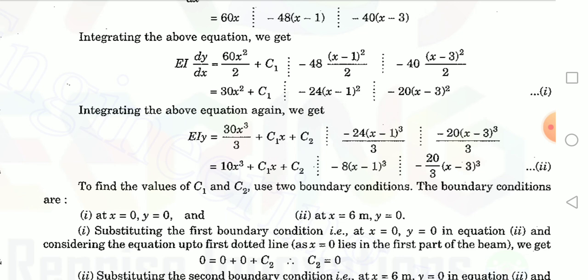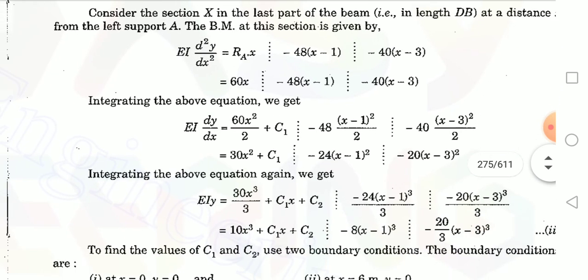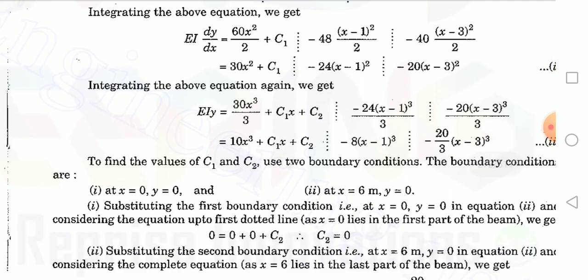And then the deflection when x equal to 6 meters. The total distance is 6 meters. When x equal to 6 meters, y at the right end also becomes 0. These are the two boundary conditions.